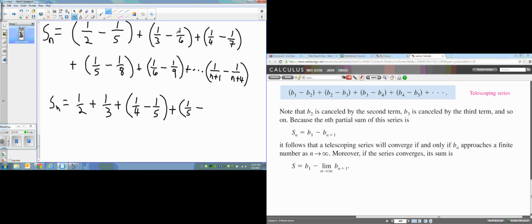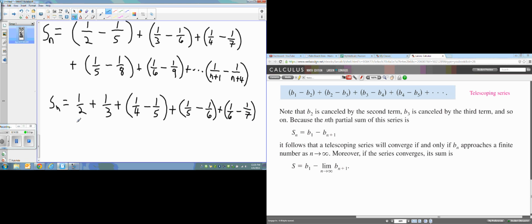Here's minus 1/6. And then, since there's a positive 1/6 here, I know everything after this is going to cancel. So there's a 1/6, and then minus 1/7. I'm just rearranging the terms, since addition is commutative.